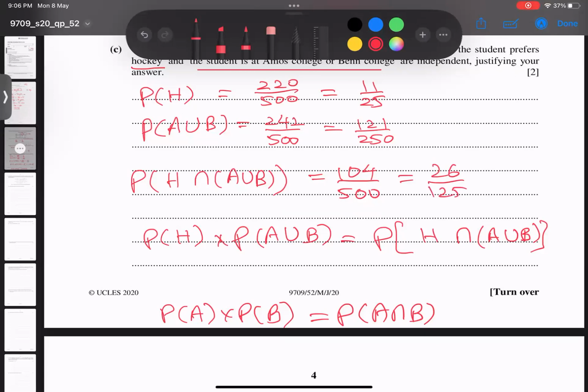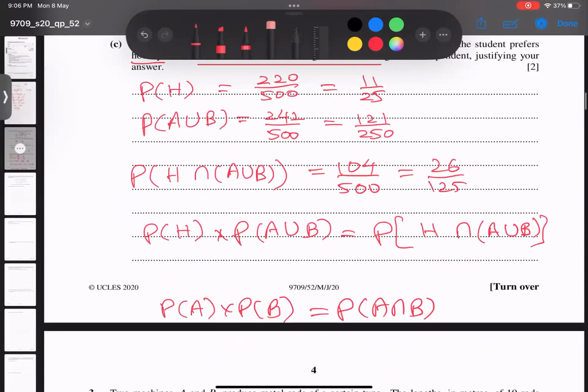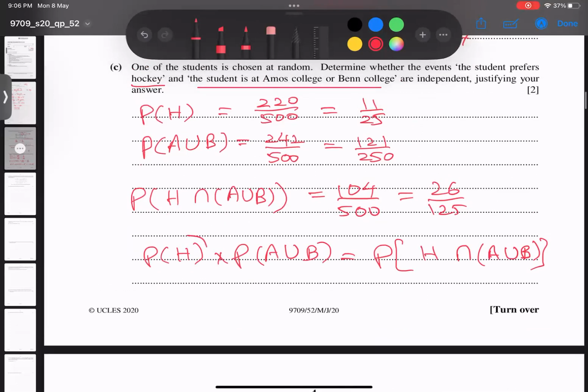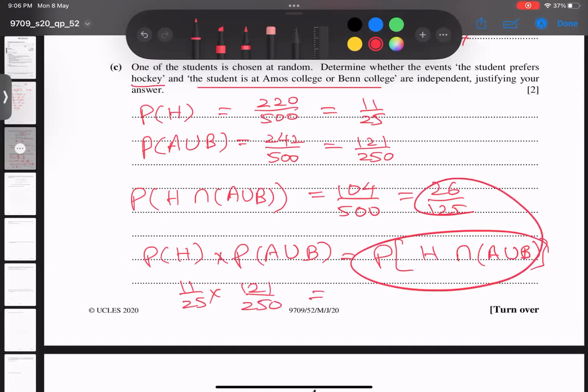Now I'm going to plug in. This is just the last line, just an example I showed you. This value I'm picking from here: 11 over 25. This value: 121 over 250. This value I'm getting from here: 26 over 125. So let's see whether the answer is the same or not.